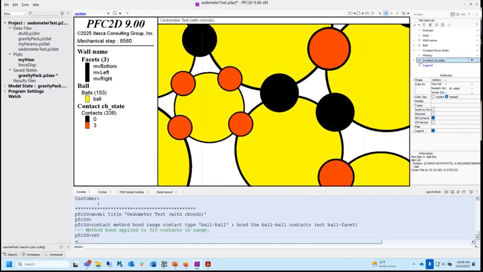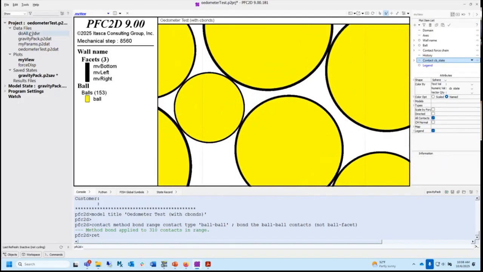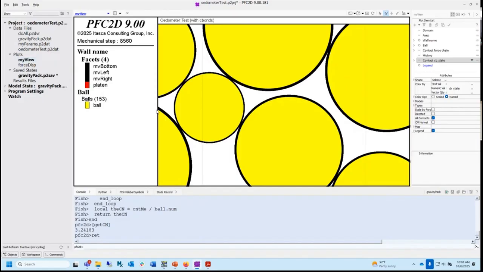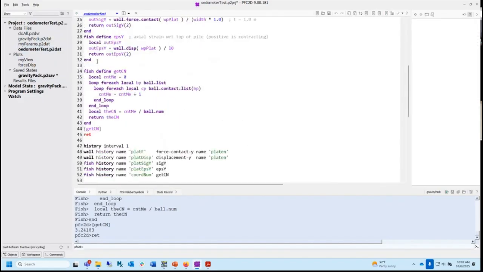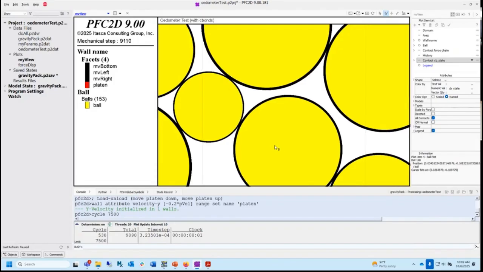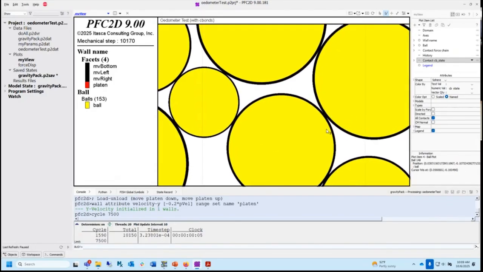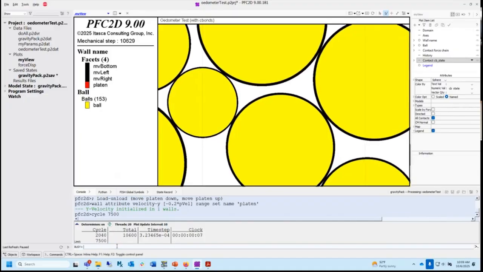Let's turn this sucker off. Let's just run this now and start squeezing it. Whoops. I must have a return in here. There we go. Start squeezing it. Yeah, this guy. Watch this. Come on. Go into contact. Boom. Went into contact. Stop the run.